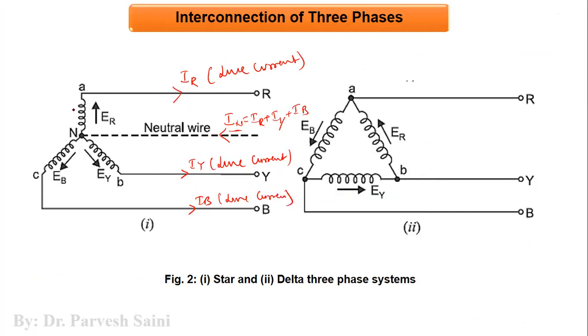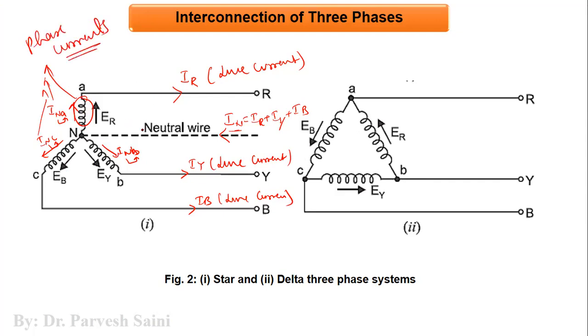Now the current that flows in the phase, let us say this is INA, from N to A. So this is the phase current. This is INC, from N to C. This is, let us say, INB, from N to B. So the current that flows within the phase, these all are known as phase currents.